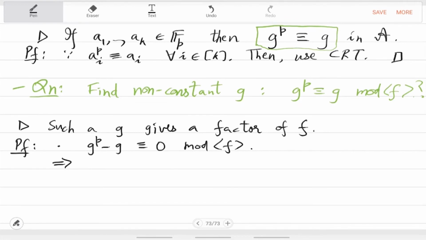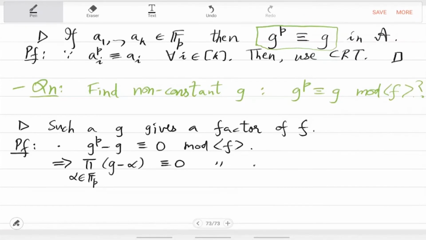So I claim that this is a factorization. If you look at the product g minus 0, g minus 1, up to g minus (p minus 1), for all the constants, if you take the differences and multiply, that is g to the p minus g.